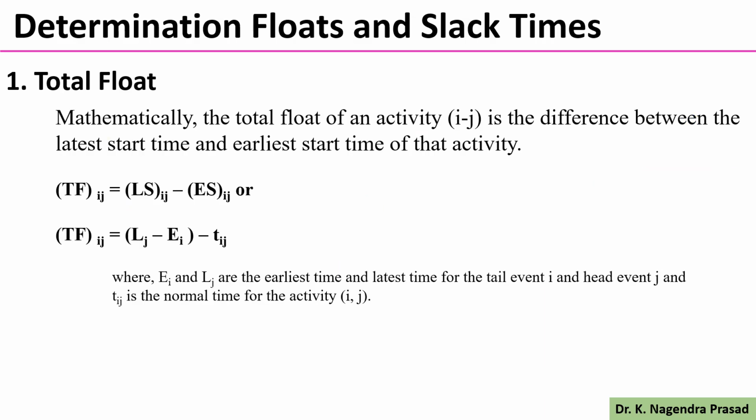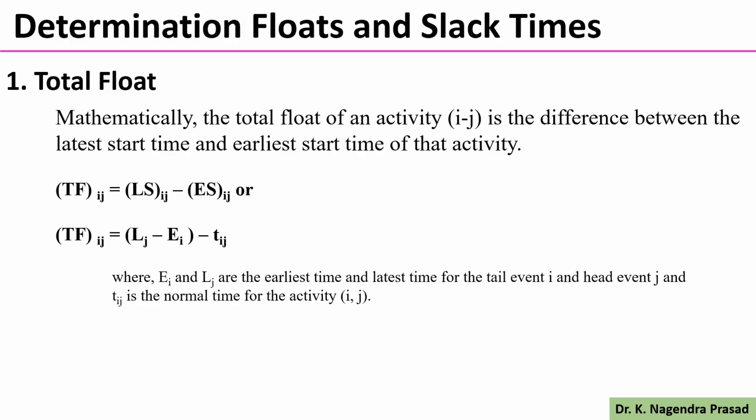Mathematically, the total float of an activity ij is the difference between the latest start time and earliest start time of that activity. So total float for the activity ij, Tfij equals Lsij minus Esij, which means the latest start time of ij minus the earliest start time of ij.